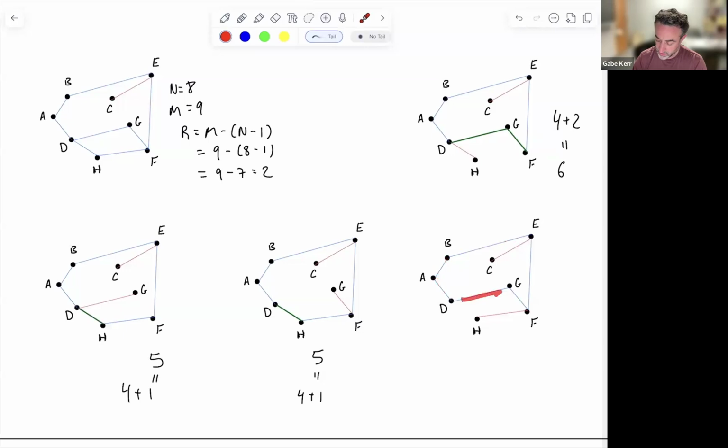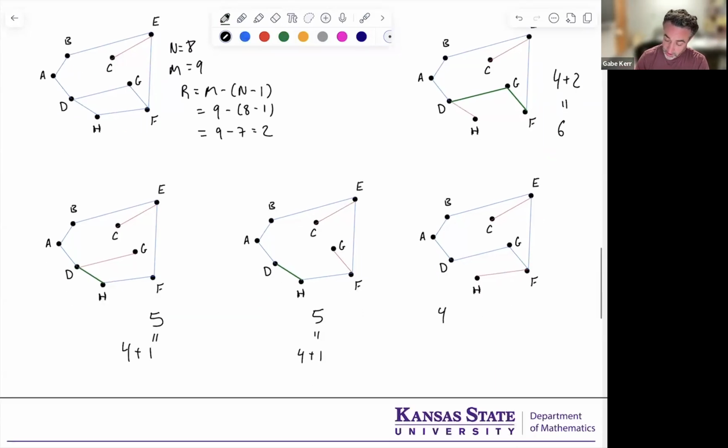So these two edges I can't remove because I've already counted removing that and DH. So I only have 4 now that I can count as new spanning trees.